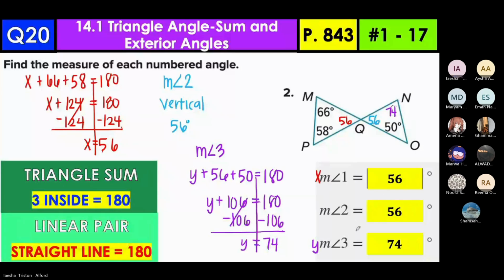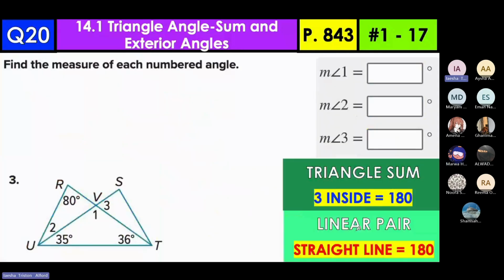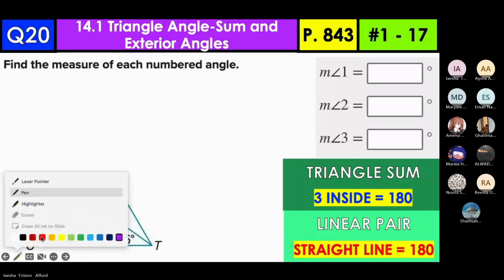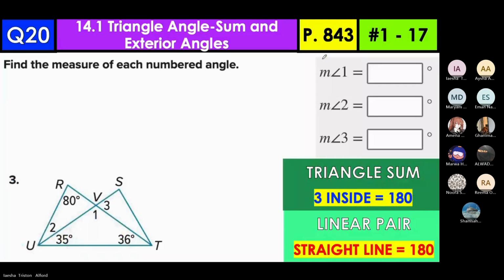All right. Everybody's fine? Yes. All right, number 3. We need angle 1. Which rule can we use? Triangle sum. Give me the equation. X plus 35 plus 36 equal 180.